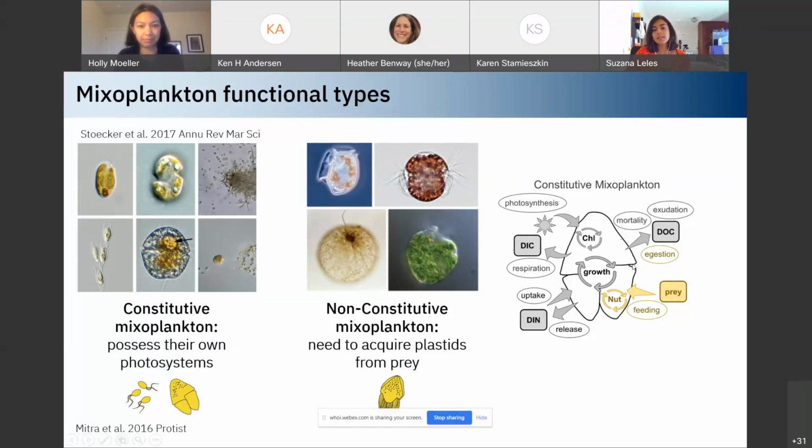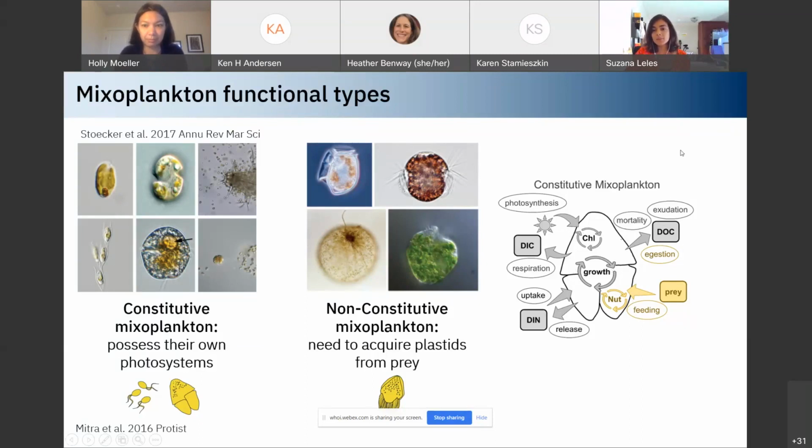So in our model, the constitutive ones are primarily phototrophic. In this sense, whenever their phototrophic capacity is lower than the maximum capacity to photosynthesize, then this will enable feeding. And feeding can also stimulate phototrophy by improving the nutrient quota of the cell.